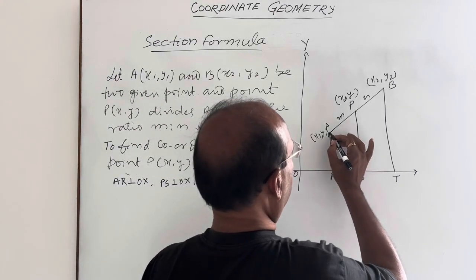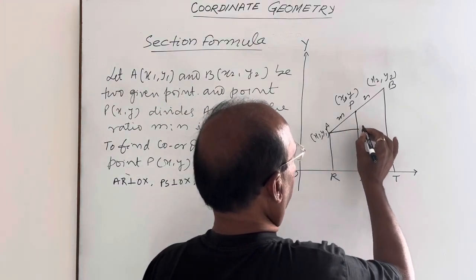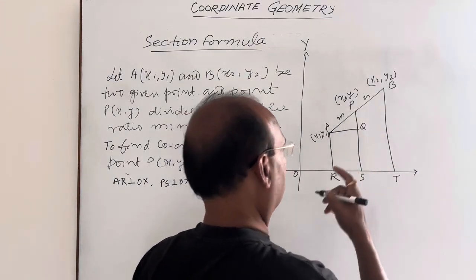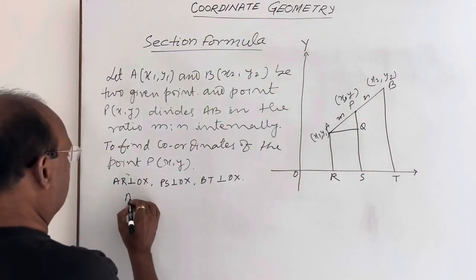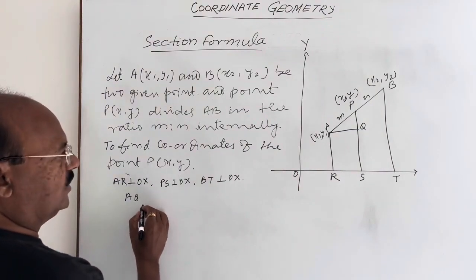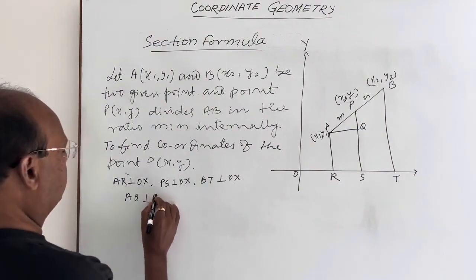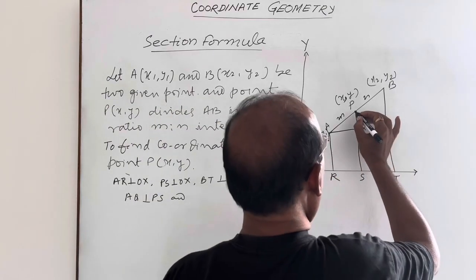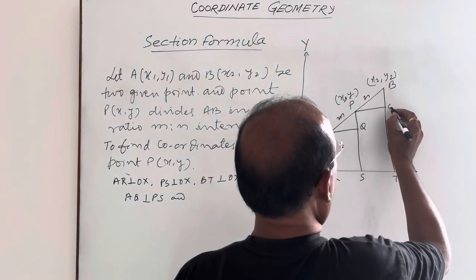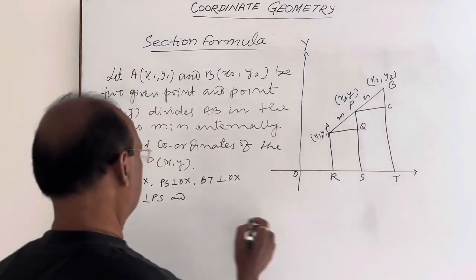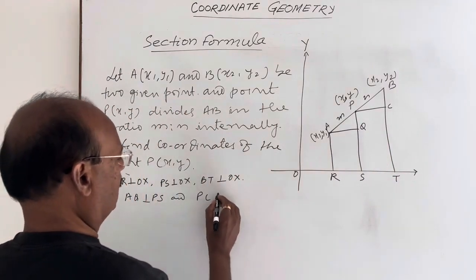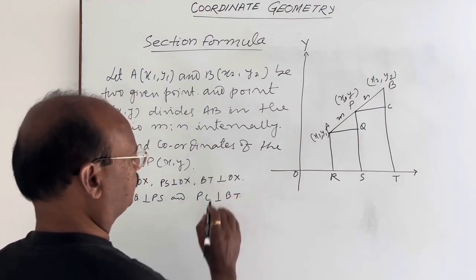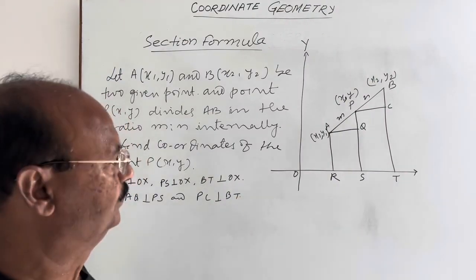Another perpendiculars we are drawing AQ from point A to PS. Also we are drawing perpendicular AQ on the line segment PS and PC on line segment BT, correct?